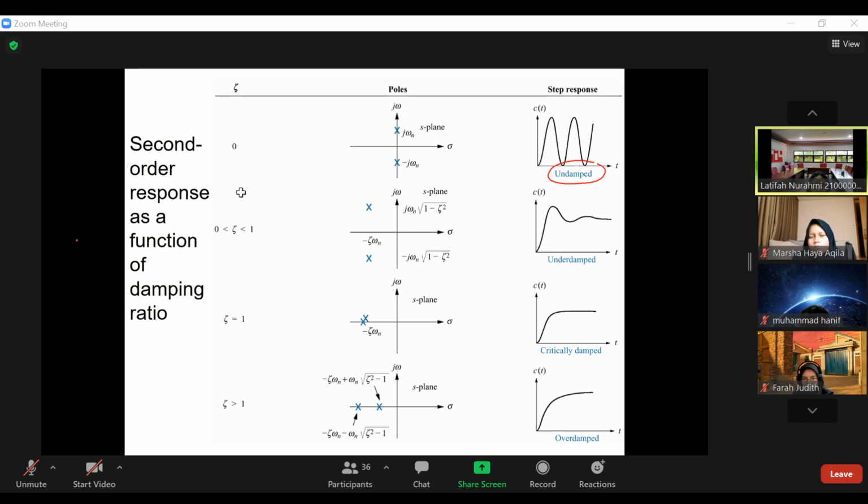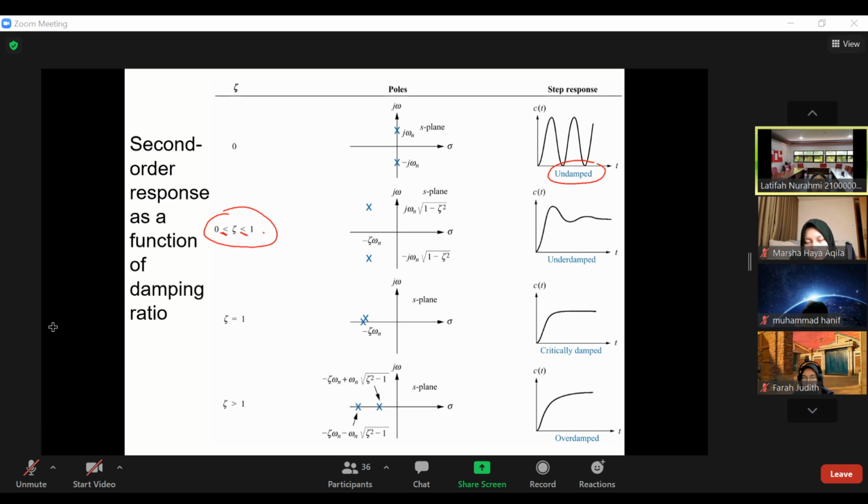Okay, and next we have zeta between 0 up to 1. So zeta is a value from 0 up to whatever, up to infinity. Zeta from 0 up to 1, there's no equal here, so pay attention. 0 up to 1.